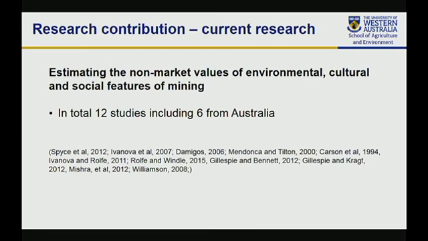There are a couple of international studies as well. I'll only touch on a couple. Spice et al. in 2012 also undertook choice modelling to assess respondents' willingness to pay for some development impacts in southeast Yukon in Canada.